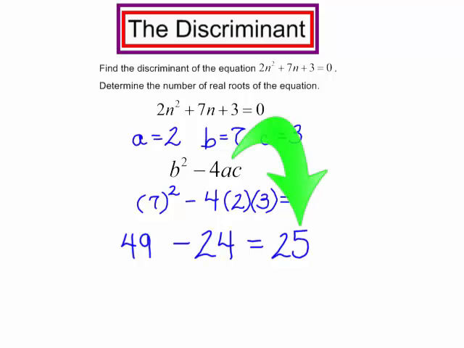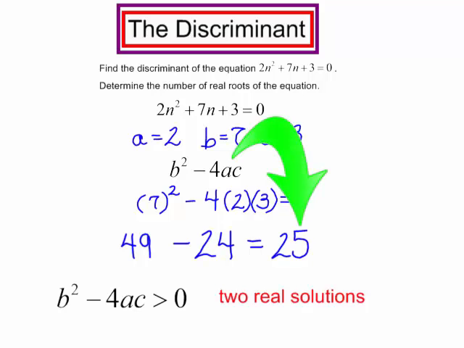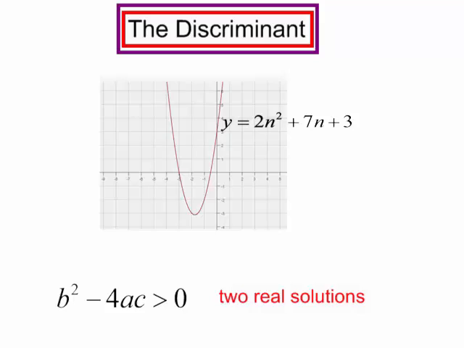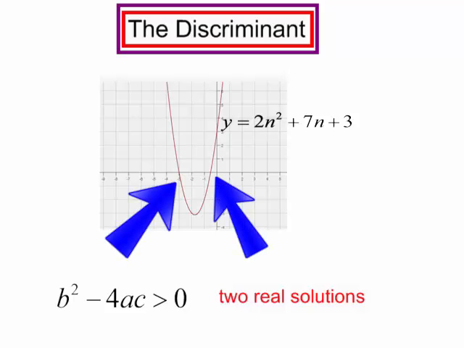Our discriminant is positive, so we will have two real solutions. Here is the corresponding parabola to our quadratic equation, and sure enough, there are two x-intercepts.